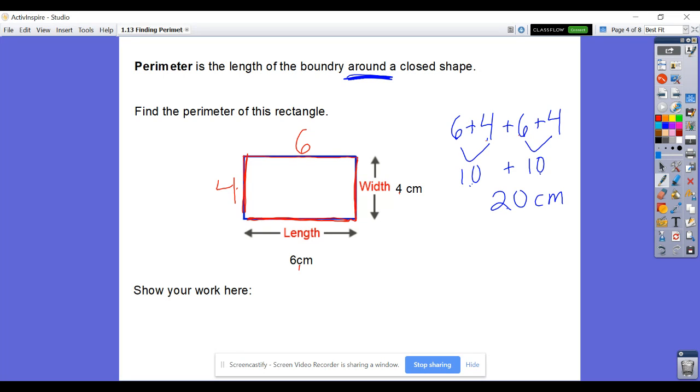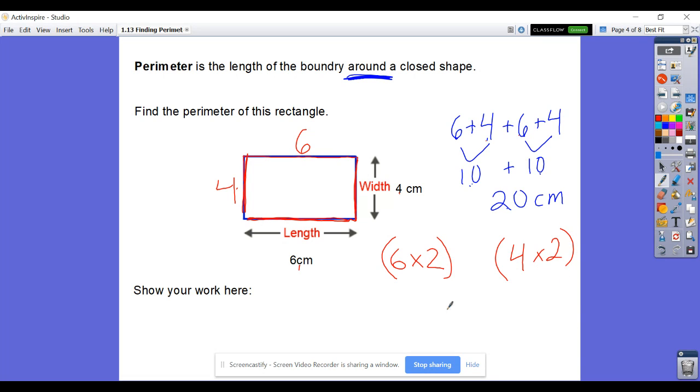Well, let's think. I have 6 how many times? 2. Okay, so I have 6 2 times. I'm going to put that in parentheses because we want to do that first. And then I also have 4 how many times, Alba? 2 times.